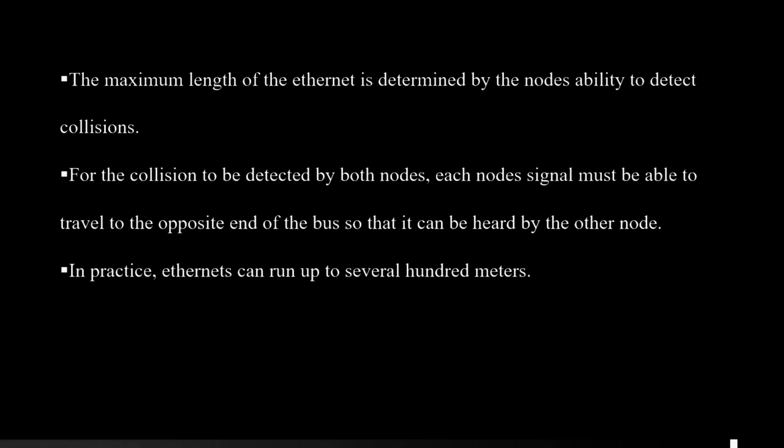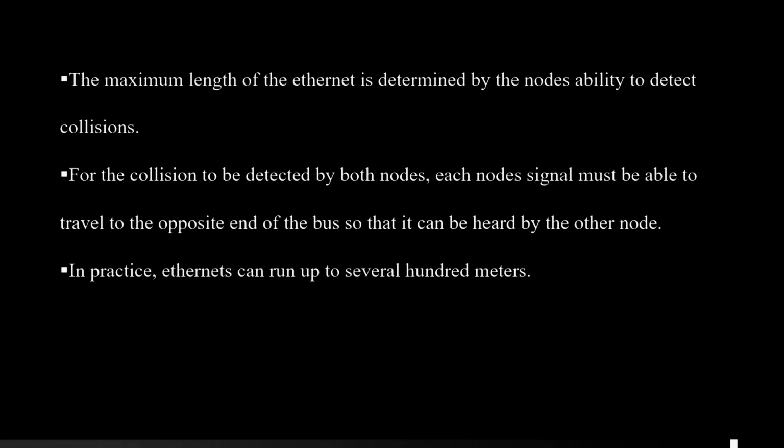For the collision to be detected by both nodes, each node's signal must be able to travel to the opposite end of the bus so that it can be heard by the other side. So the length of the Ethernet should be structured in such a manner that the signal reaches the exact opposite end of the node.